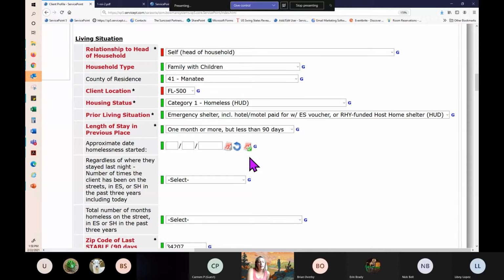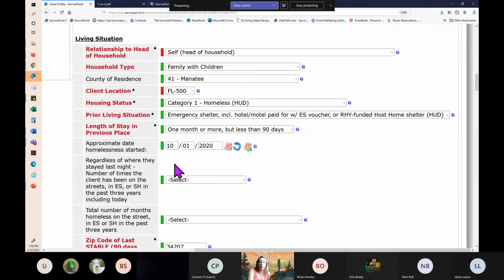And so the client can report to us that they've been staying in a place not meant for habitation since October of 2020, and then they went to the emergency shelter back in January. One of our street outreach members connected the client to an emergency shelter bed, so the client was able to stay at the shelter. So we're telling that story through our data.